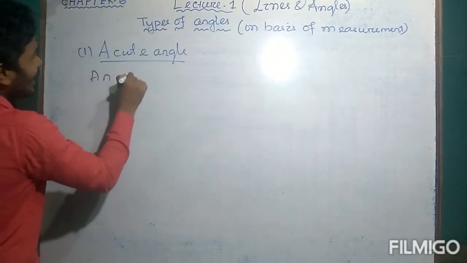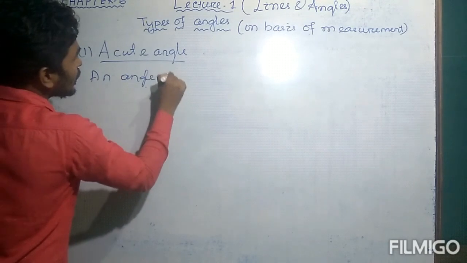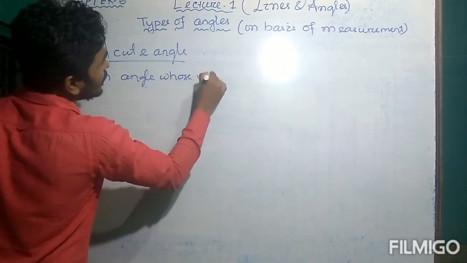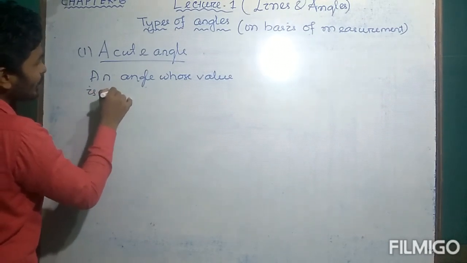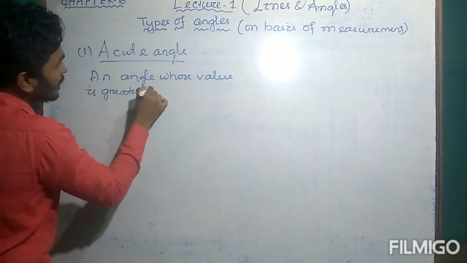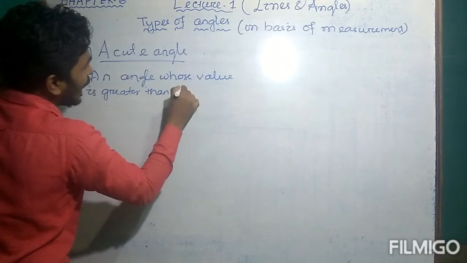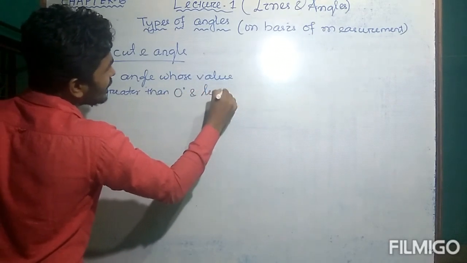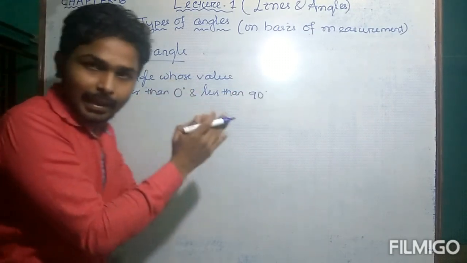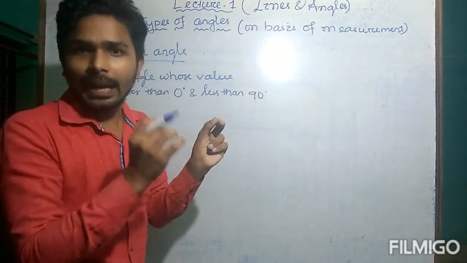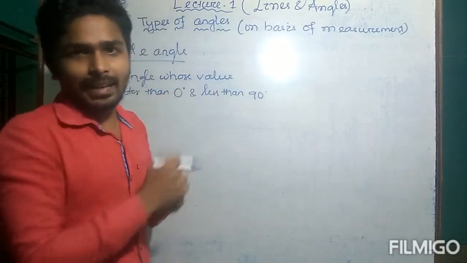Okay, so an angle whose value is greater than 0 degree and less than 90 degree. It means the value of the angle lies in between 0 and 90. It is greater than 0 and less than 90.